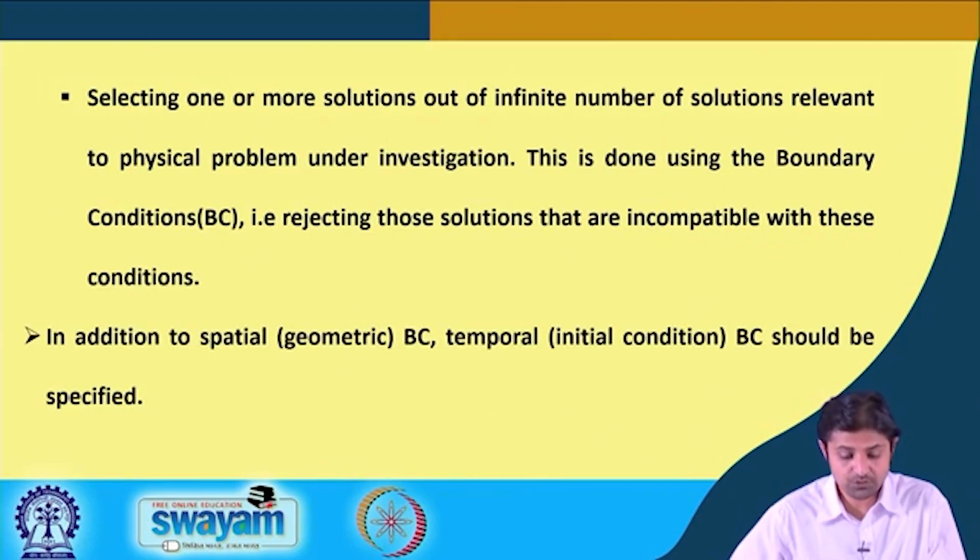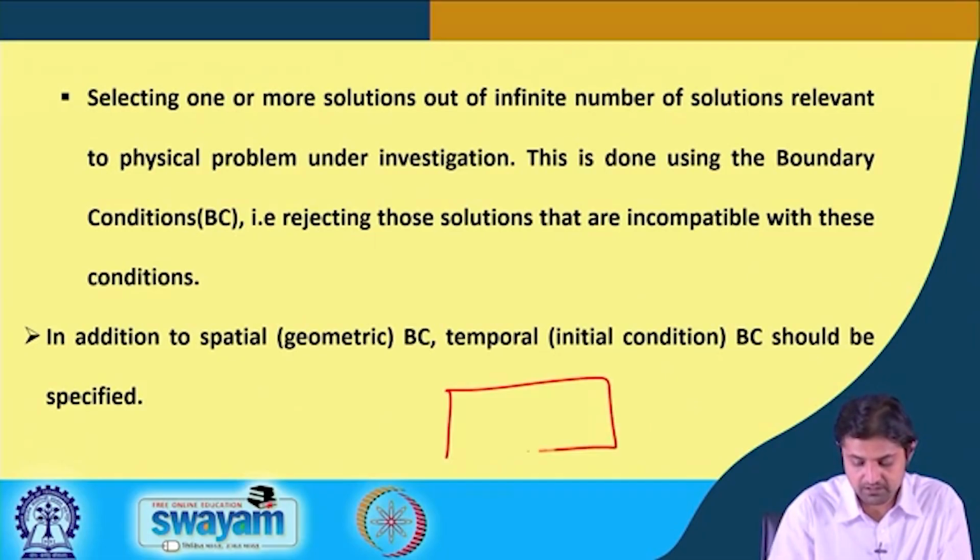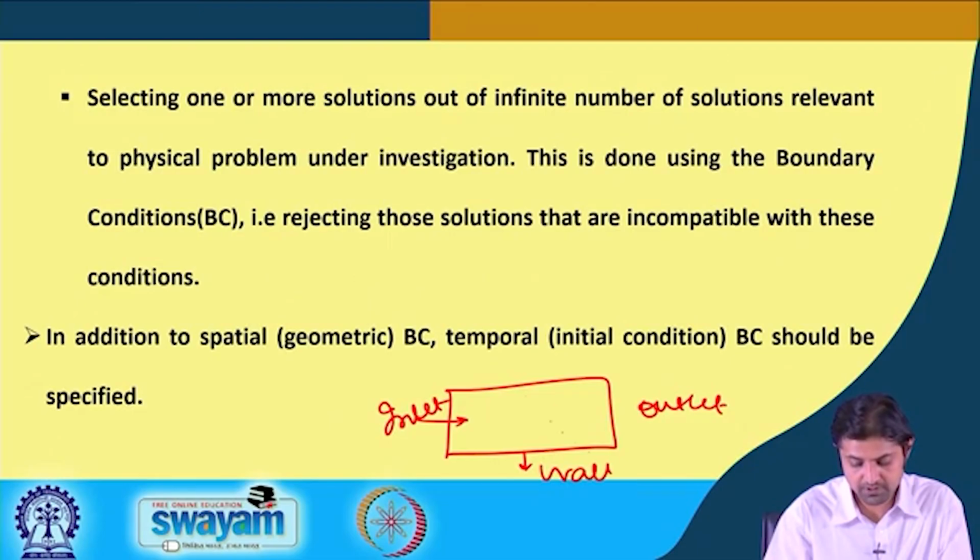Now, in addition to the spatial boundary condition, as I said, this is, let's say, inlet, outlet, wall, for example. So inlet here where velocity is given like 10 meters per second or something.